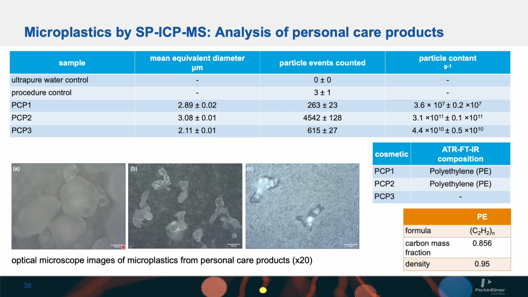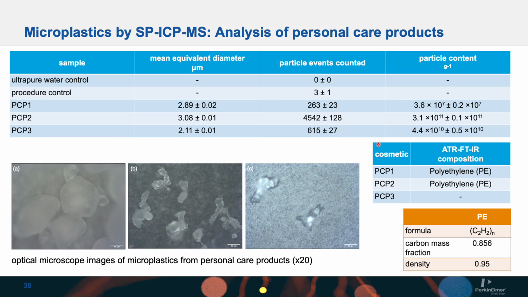To know the composition of the microplastics, they were analyzed by FTIR after their isolation by centrifugation in methanol. The analysis confirmed that microplastics were made of polyethylene, although microplastics in product PCP3 could not be isolated because it was insoluble in methanol.